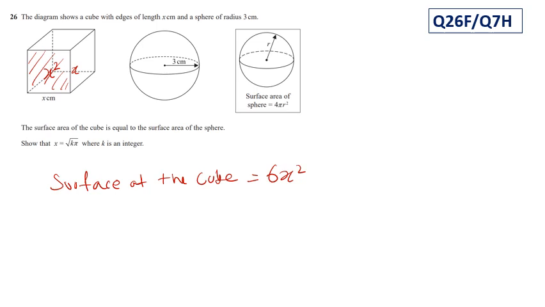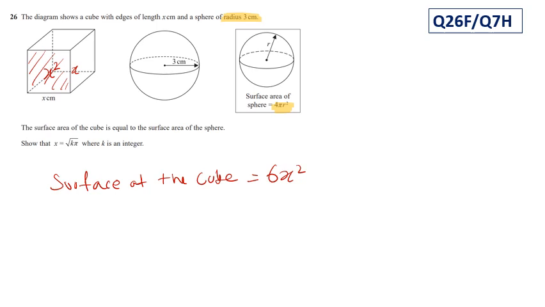Now we've been given a formula for the surface area of the sphere in the question. We know that it's 4 pi r squared, and we also know that the radius of the sphere is 3. So we're going to use this formula and the value of 3 for the radius to work out what the surface area of the sphere is.